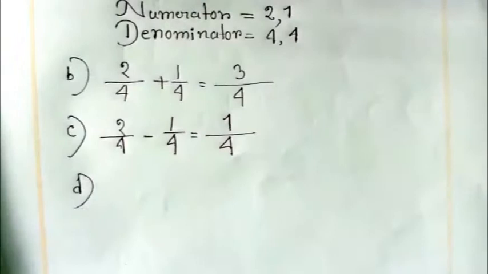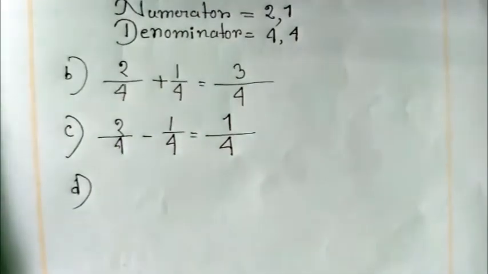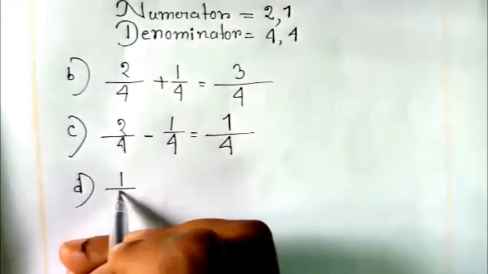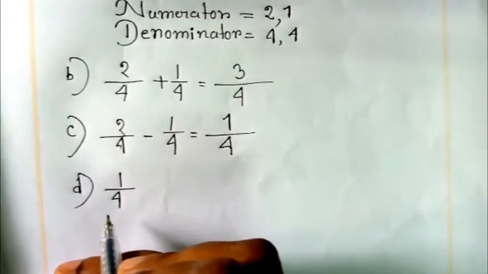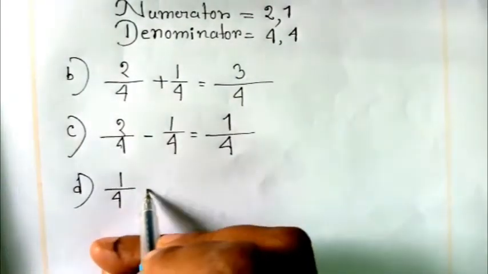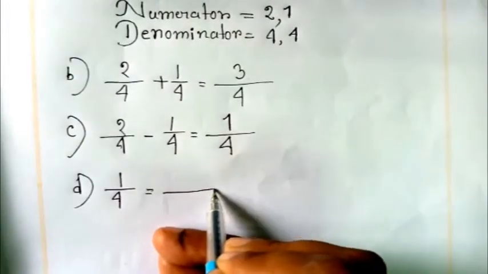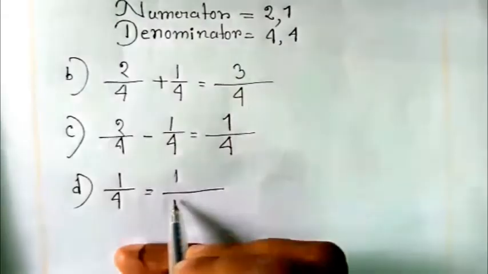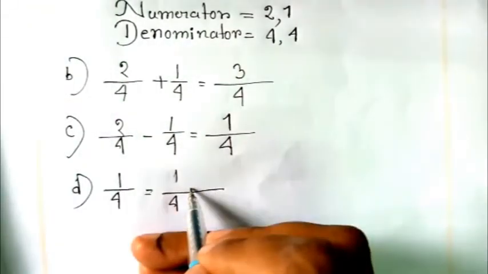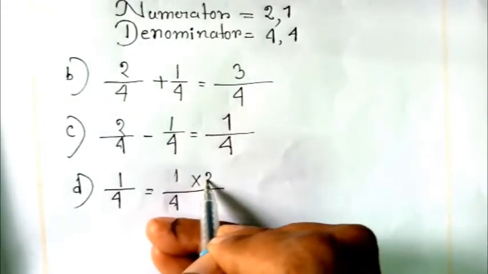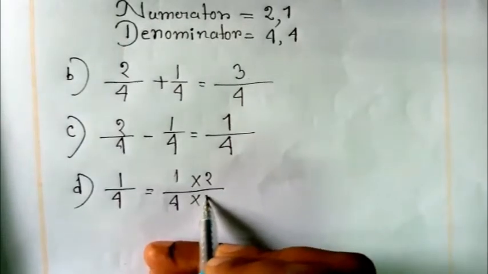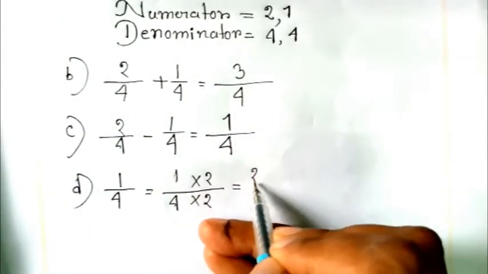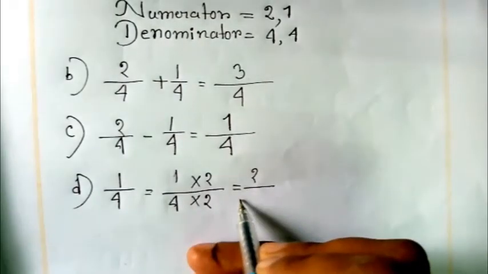Here the second fraction is 1 by 4. 4 times 2, 8.